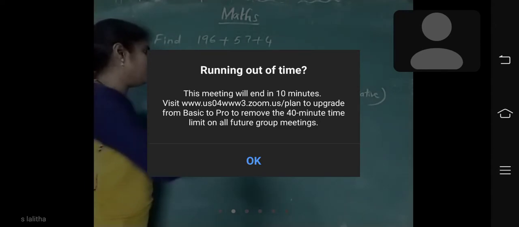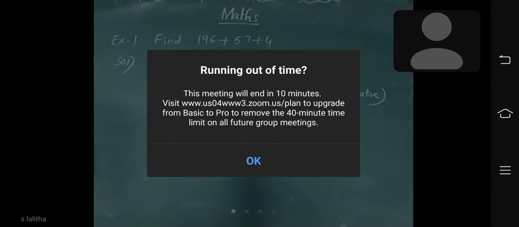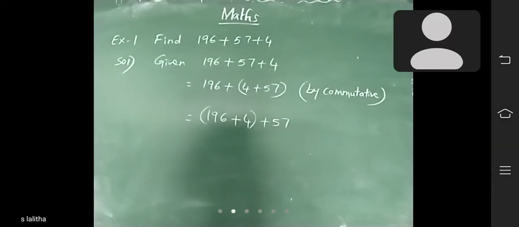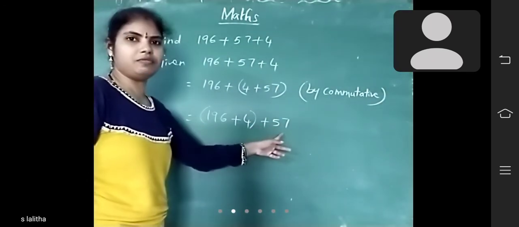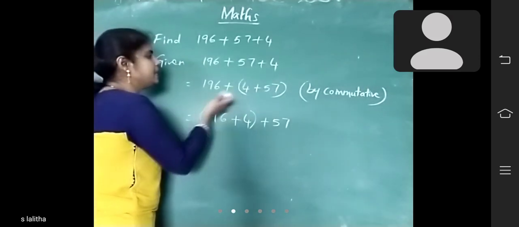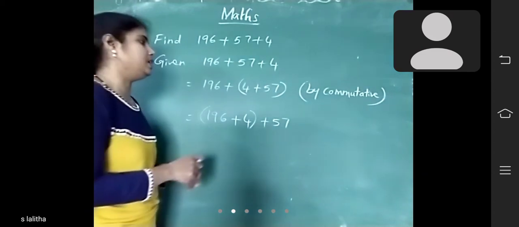Next, what am I doing here? 196 plus 4, I am keeping it in the bracket, plus 57. So which property is it? By associative property.